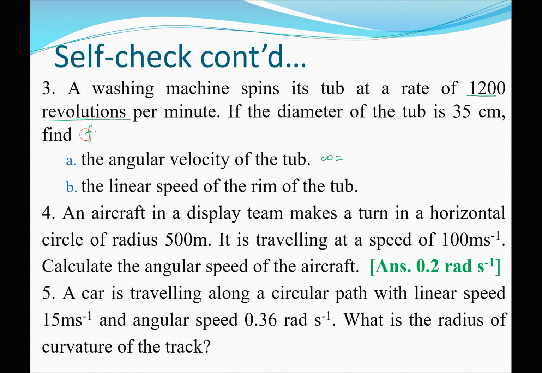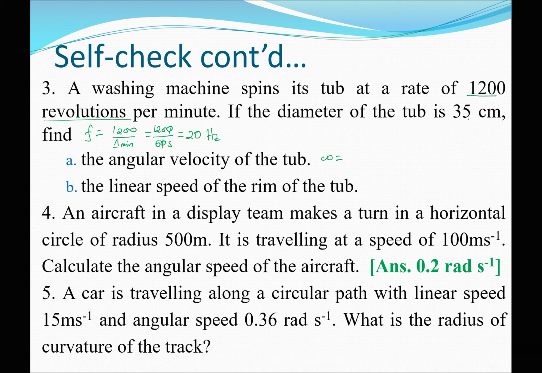The frequency is going to be equal to 1,200 per minute, and 1 minute is 60 seconds, so I have to change this to per second. So this is 20 per second, which is hertz. So small f is 20 hertz.